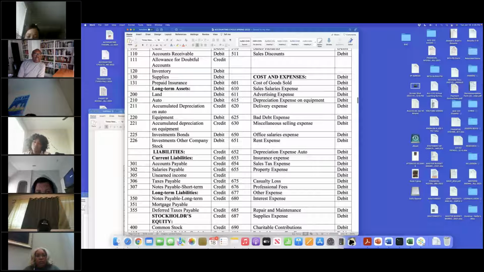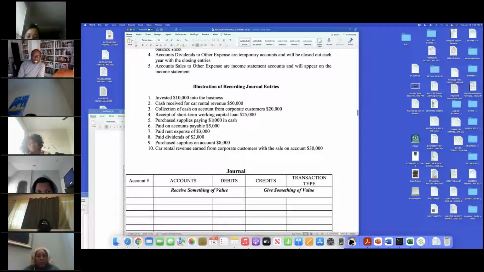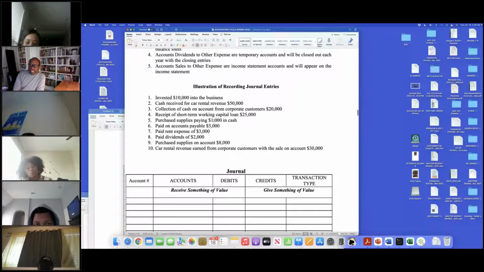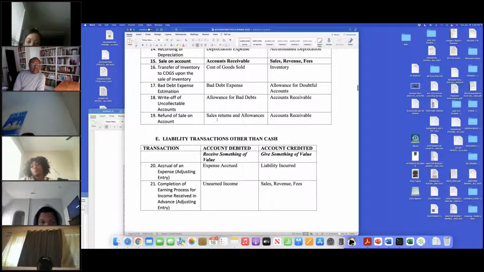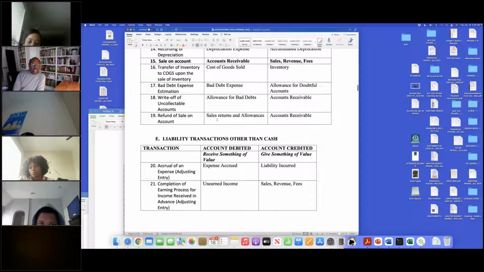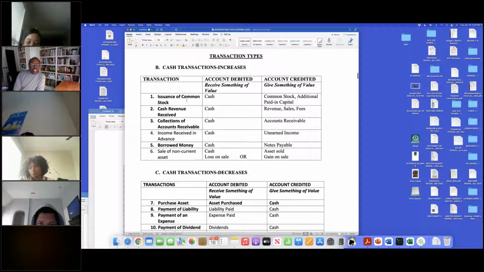So let's assume we invested $10,000 in a business. And that's always how we start a company, by investing money and getting common stock back. So we would go up here and say that cash is coming in. That's a type 1 transaction where we issued common stock, so we debit cash and we credit common stock.